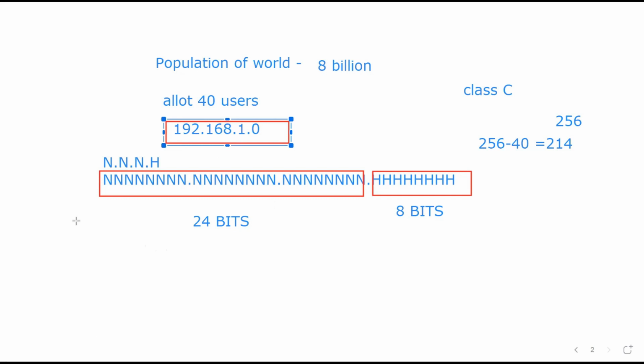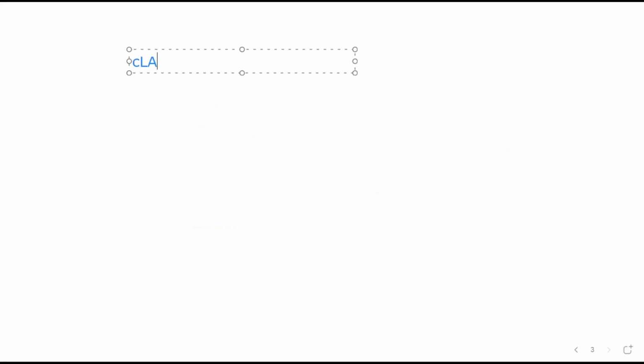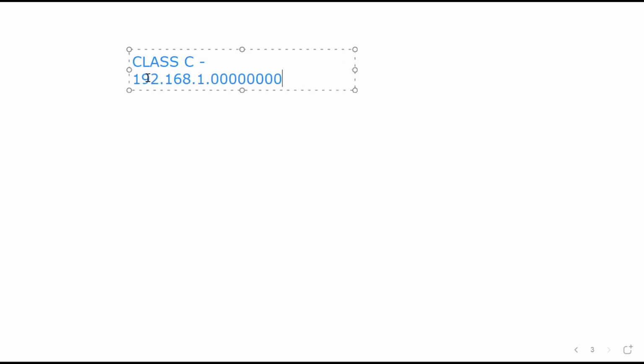Okay, so we start with our class C. We can write this as 192.168.1.0. Shall I write this 0 in 8 bits? Right? 1, 2, 3, 4, 5, 6, 7, 8.